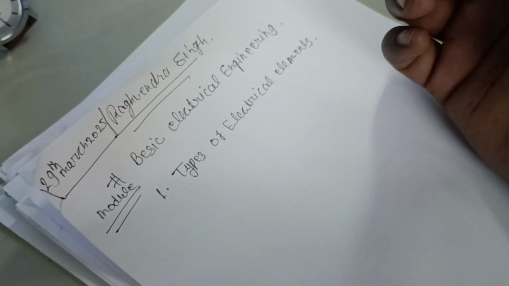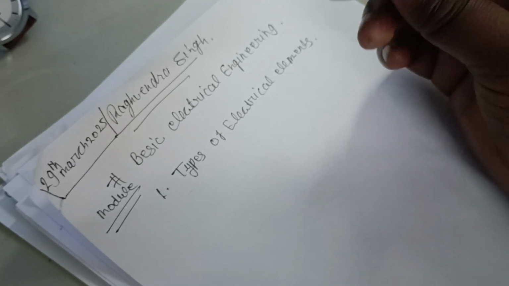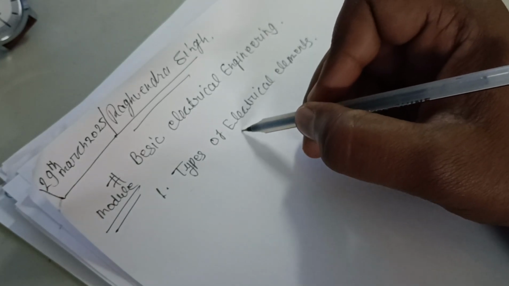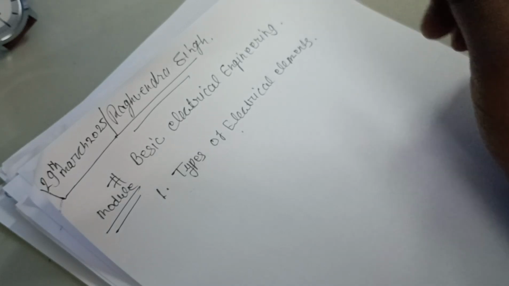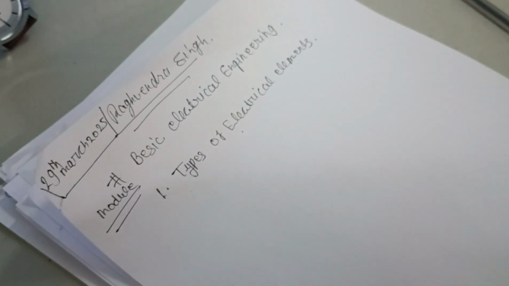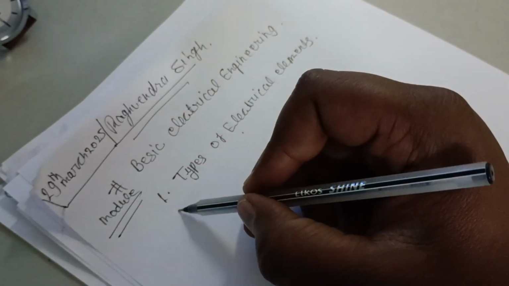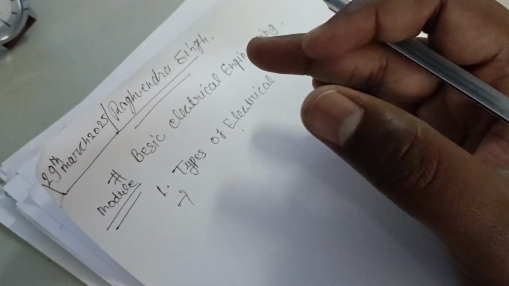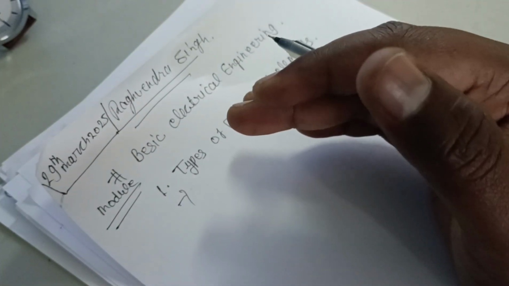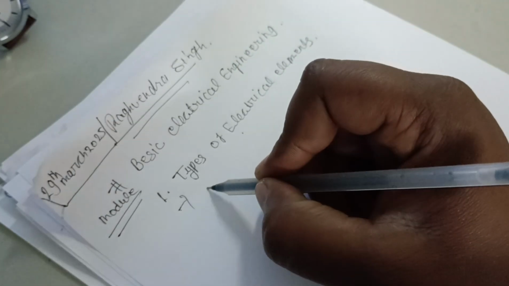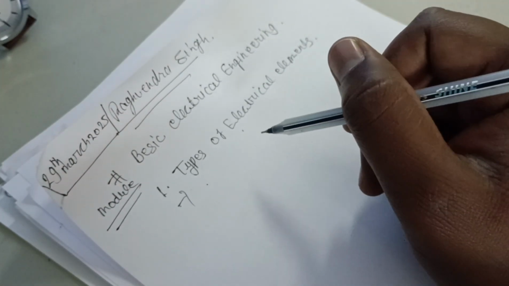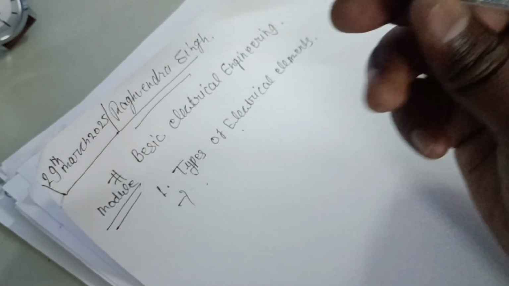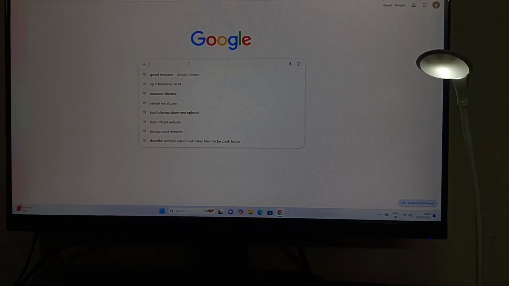There are so many elements which come under electrical elements. So let's see on Google, because I have decided that I will deliver the best content I can. I have told you from my side what a basic electrical element is. Now let's search on Google and see what it answers.